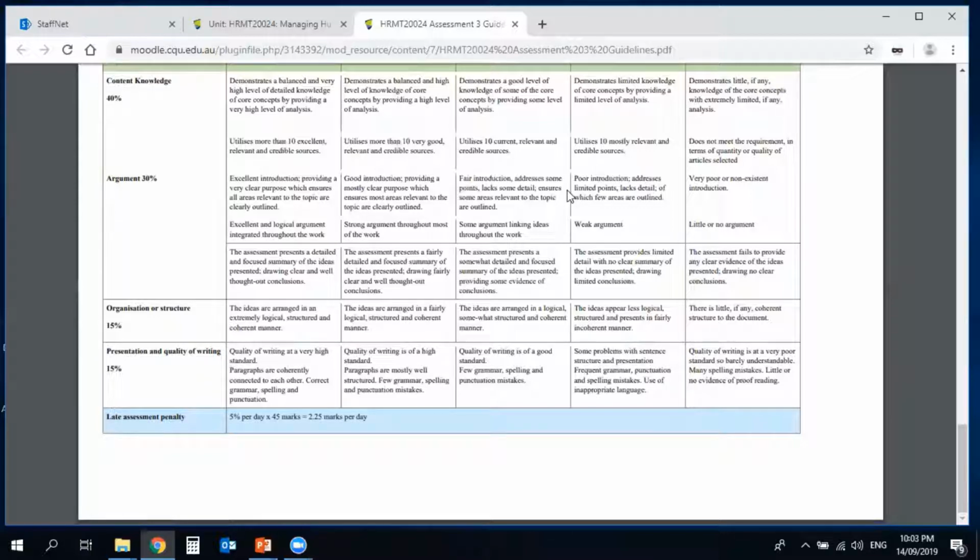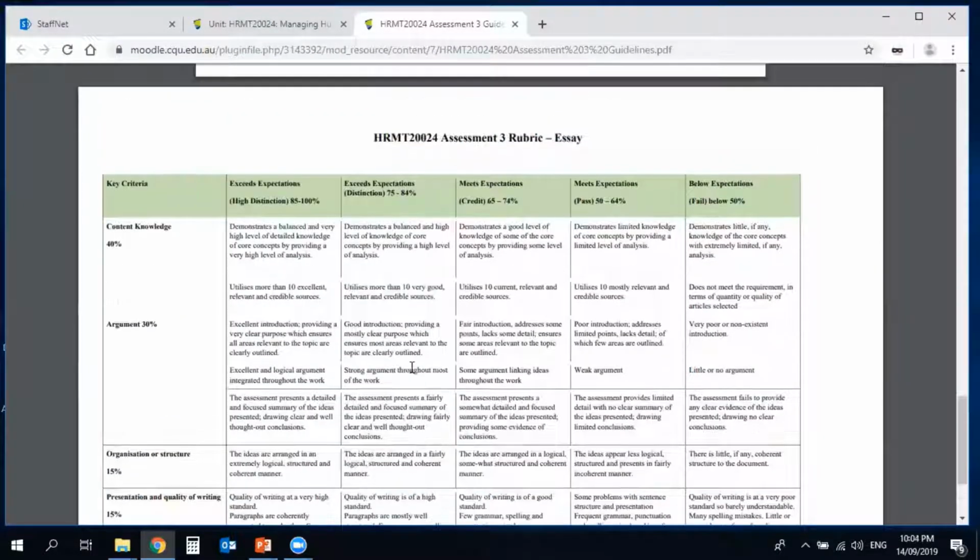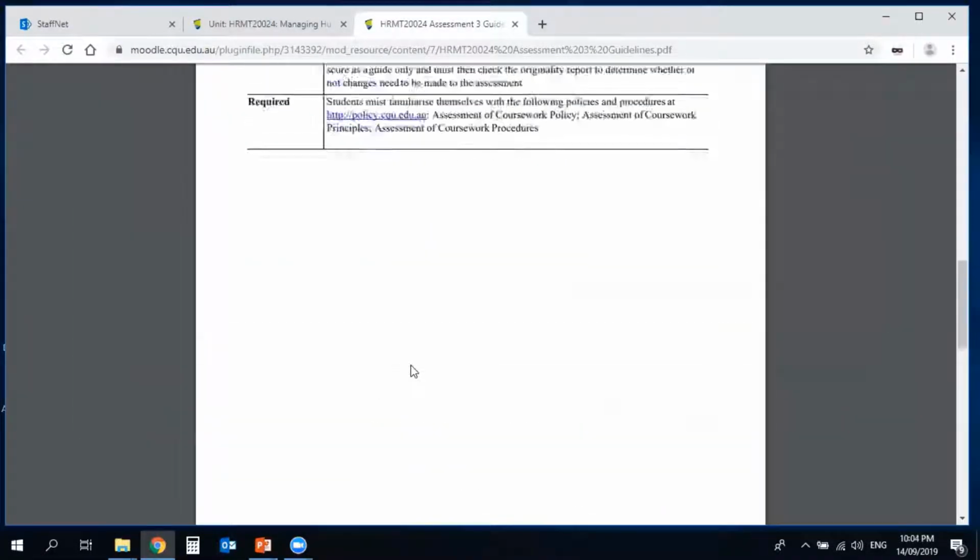So these are the things that will carry the other 30% of your marks. So this is how you will get your overall 100% marks. But on top of it, you know that late submission also carries a penalty, which will cost you 2.25 marks per day. So I believe that you are well aware of it and you will not get into that trap.